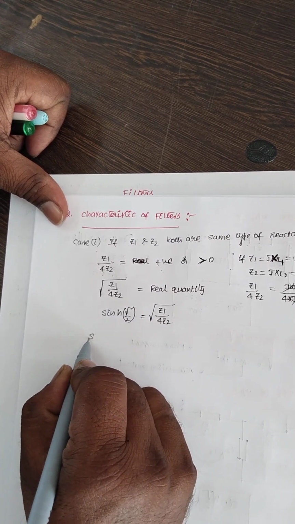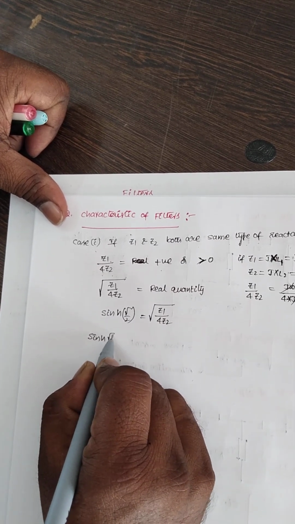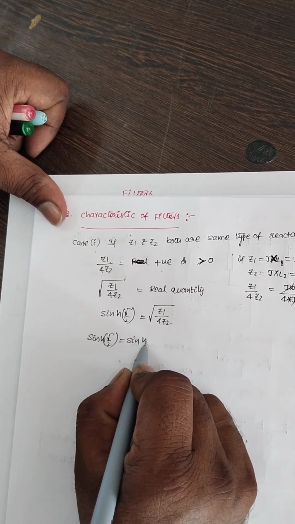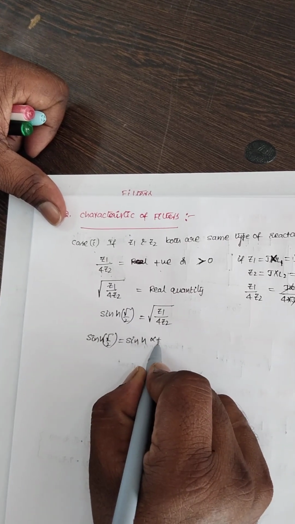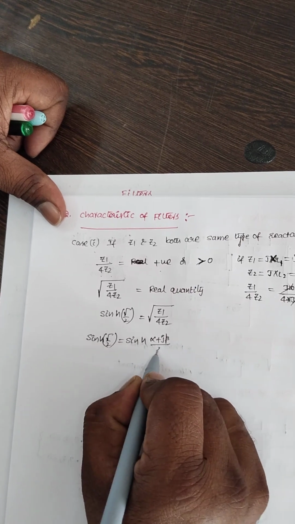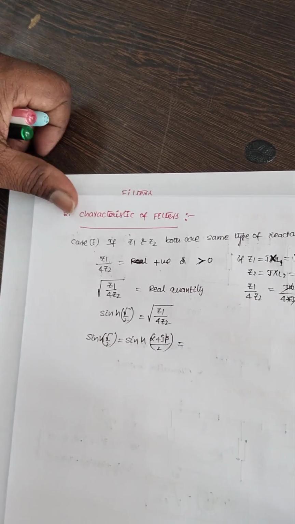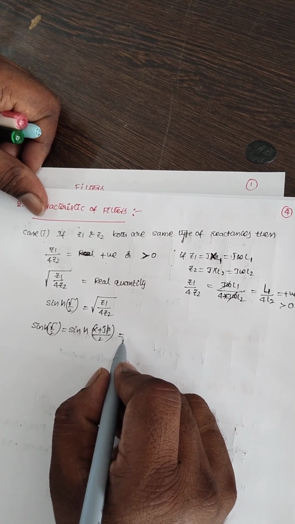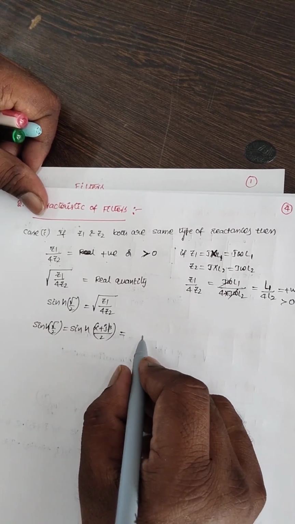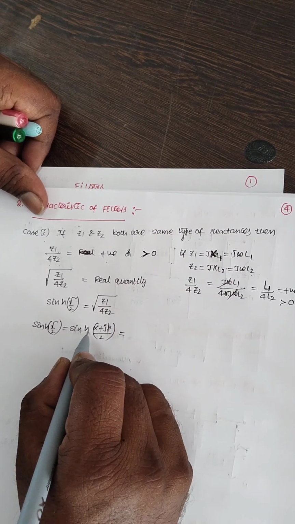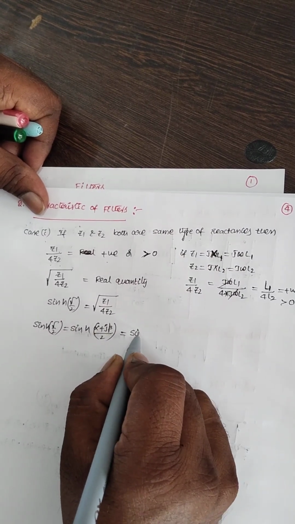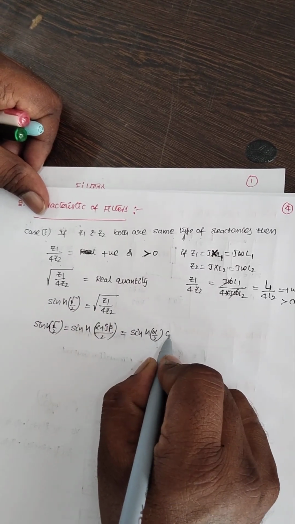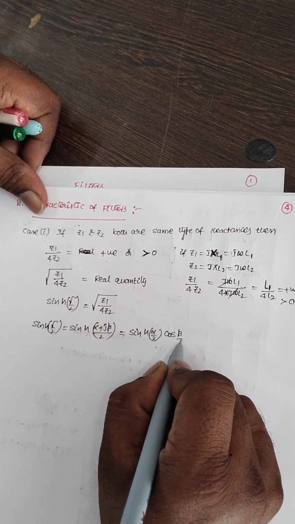You know that sinh gamma by 2 is sinh of alpha plus j beta by 2.